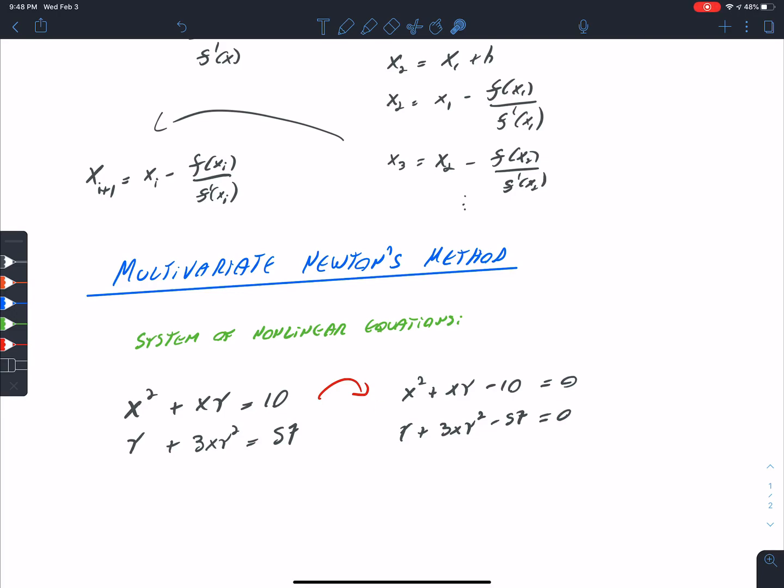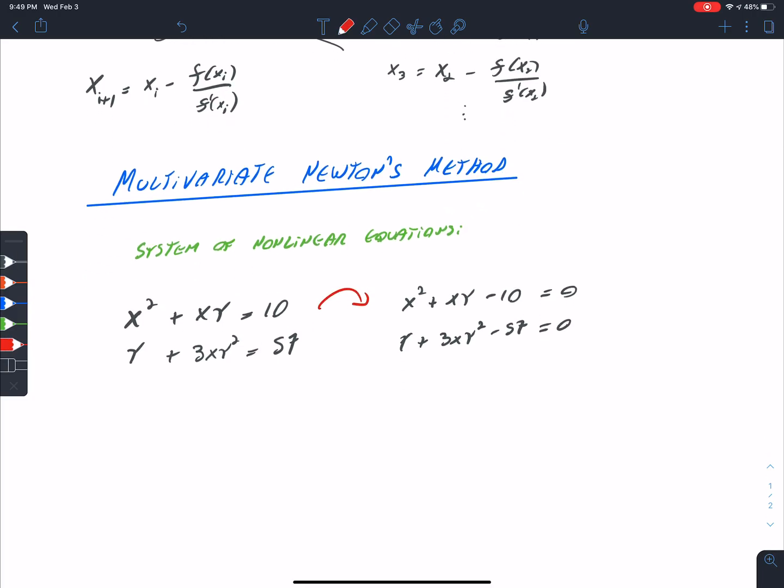And this equation is also multivariate. There are two equations and two unknowns. But otherwise, we're back to the same thing. And sometimes we write these two equations with one more simplification. Call this capital F1 of x, y, which again is x squared plus xy minus 10.